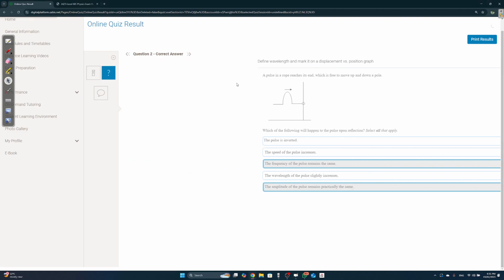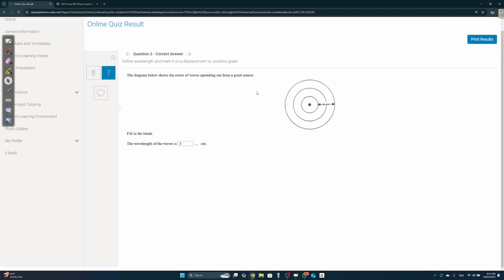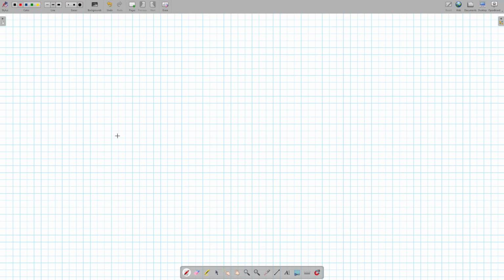Okay? Question 2. The diagram below shows crests of waves spreading out from a point source. What is the wavelength? Okay, so I'm going to introduce 3 new things: frequency, period, and wavelength. You need to know that when you have a wave, this is one wave, right?